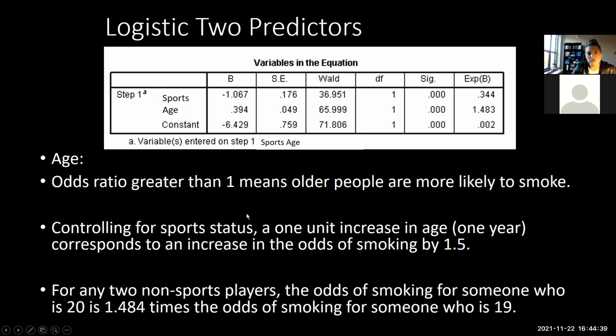So I did that here, controlling for sports status, but you could also do it by saying for any 2 non-sports players, the odds of smoking for someone who's 20 are 1.483 times the odds of smoking for someone who's 19. Going up changes the odds.